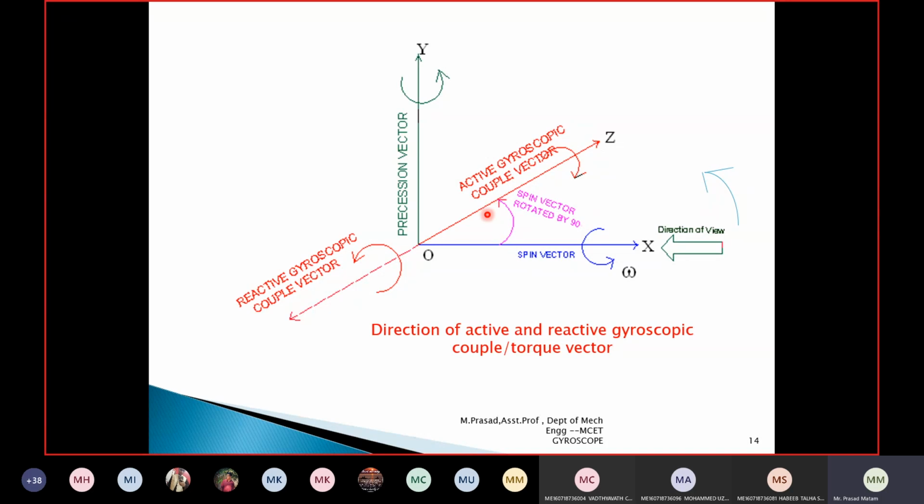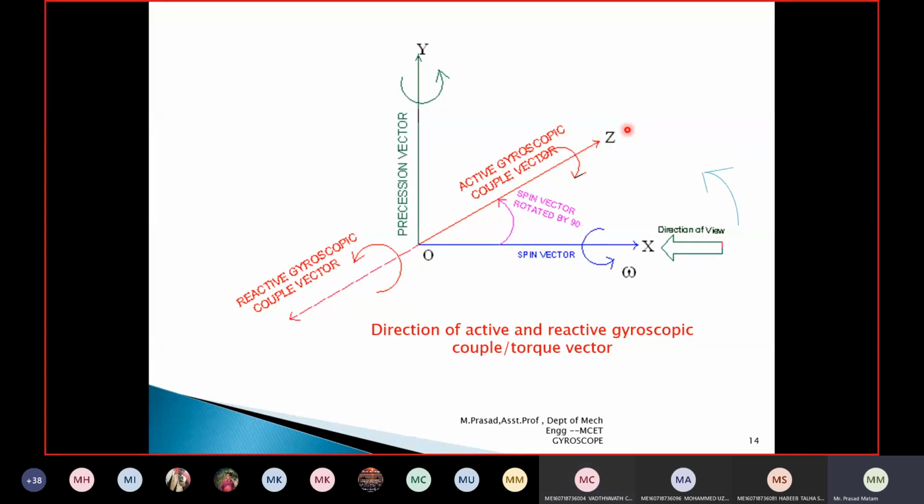Now the angle between this blue line and red line is 90 degrees. These two are perpendicular. This red line and blue line are perpendicular, along the z axis. Now this vector shows the active gyroscopic couple. You can see here, this vector is representing the active gyroscopic couple. So when my thumb rotates in this direction, the z is moving like this.